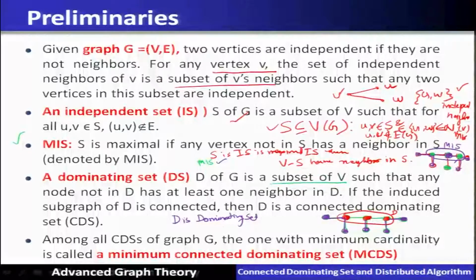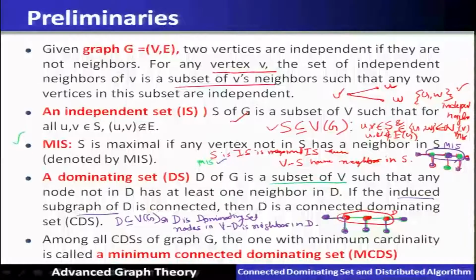This D is a subset of the vertices of G such that the nodes in V minus D have a neighbor in D. Now, if the induced subgraph of D is connected, then D is called a connected dominating set.